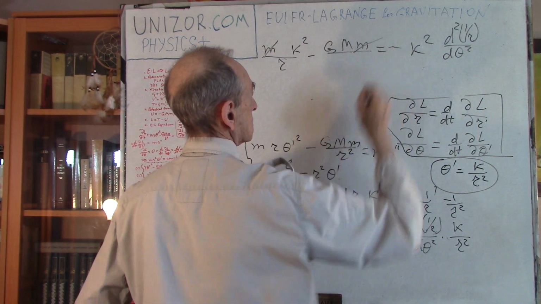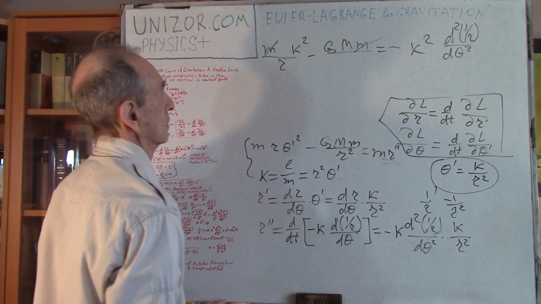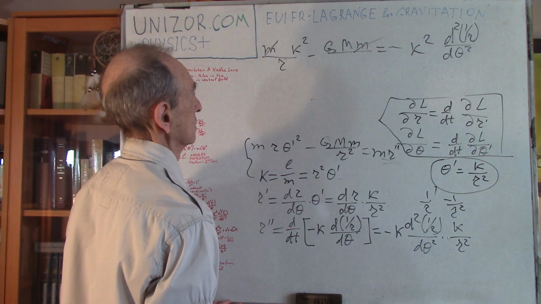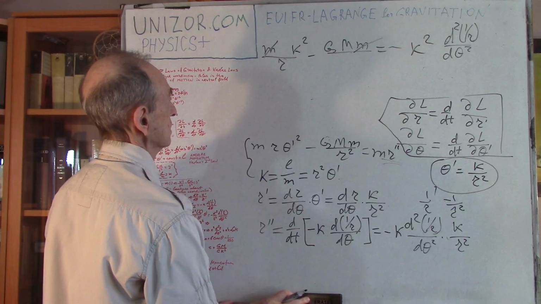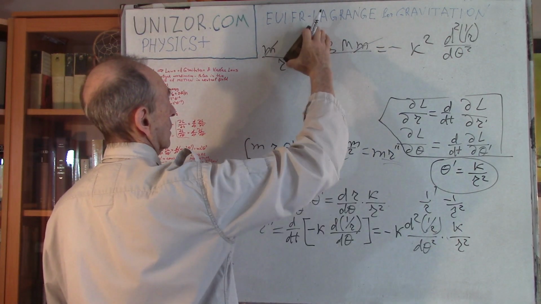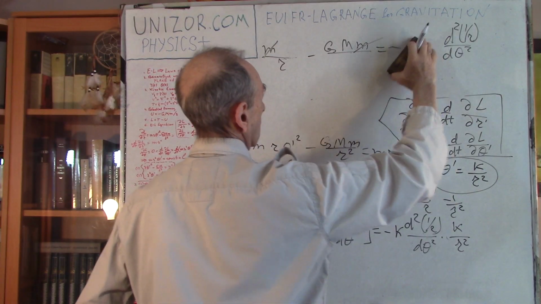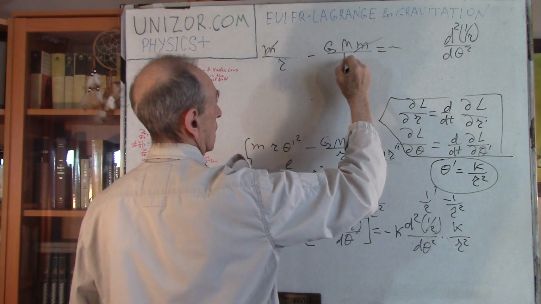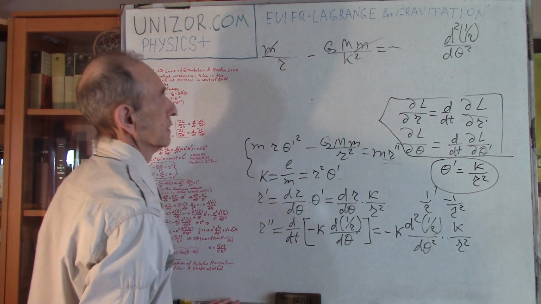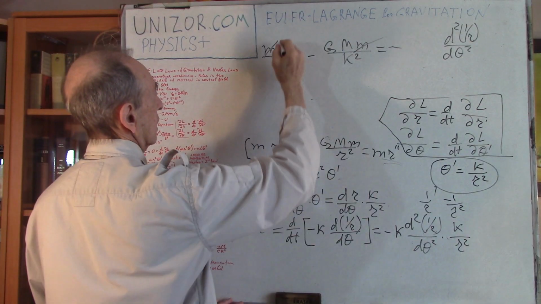With a minus. Well, that's almost it. Well, let's divide it by k square. And now we have a very simple thing.